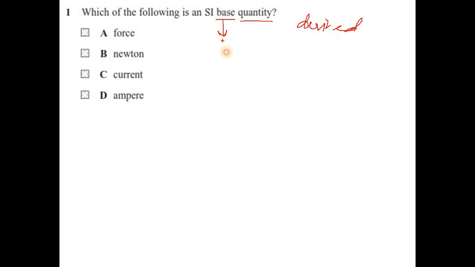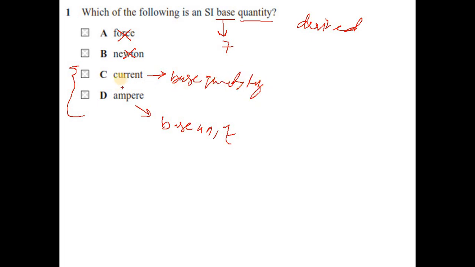Base, you know that there are only 7 base quantities. So force is not a base, Newton cannot be a base, only these two are base. But ampere is a base unit and current is a base quantity. So your option is C.